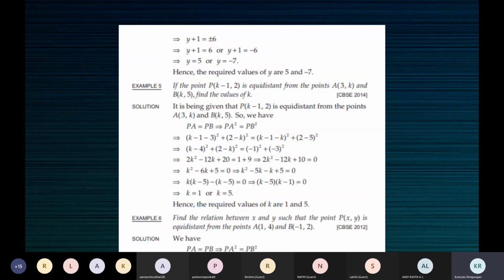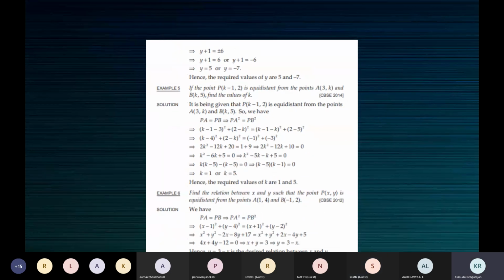Yes, Shakti, please. What's the formula? What is the AB square formula? Look at this formula.